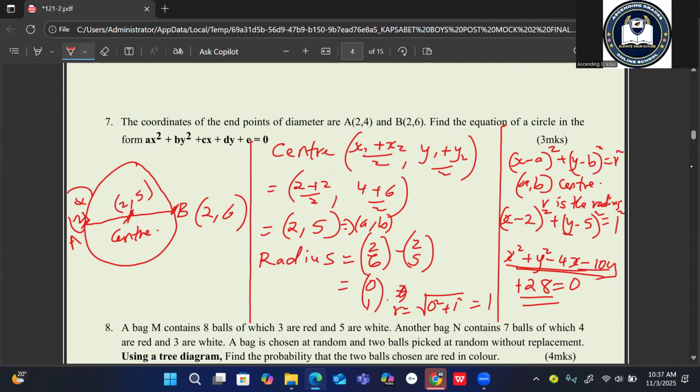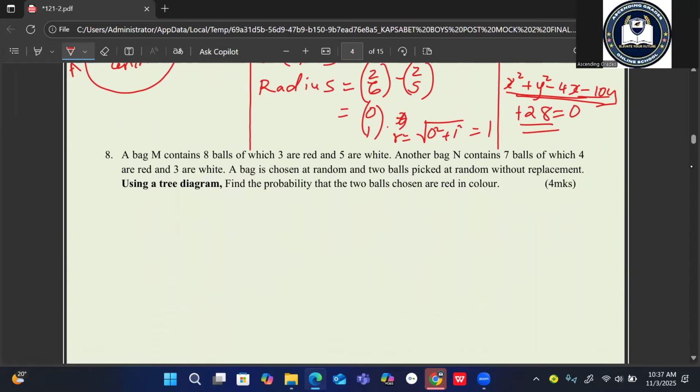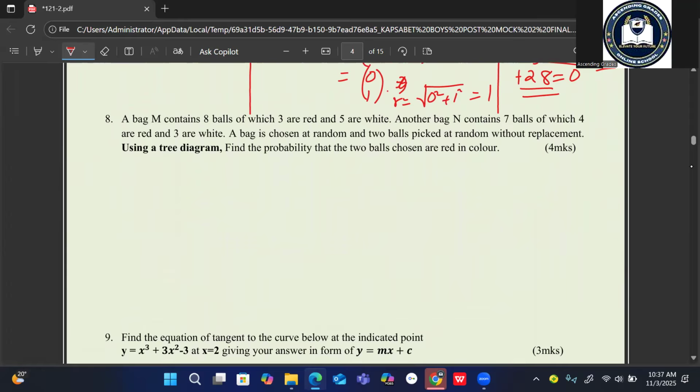So from there, we go to the next question, that is number 8. A bag M contains 8 balls, of which 3 are red and 5 are white. Another bag N contains 7 balls, of which 4 are red and 3 are white. A bag is chosen at random and two balls picked at random without replacement.